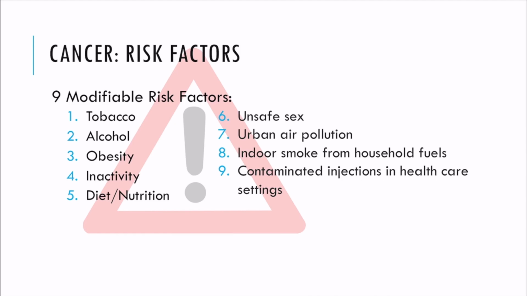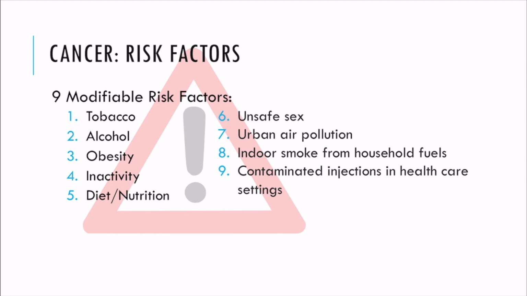Diet nutrition is on here for many reasons, and this could be an entire class, but my quick version is that a poor diet blunts the immune system's natural defenses against genetic damage. So our immune system is less effective at handling genetic damage if it's not well fed.